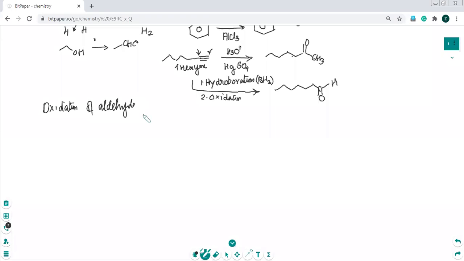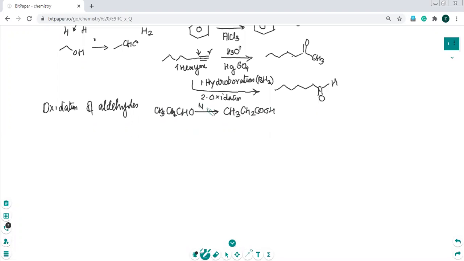CH3CH2CHO will give you on oxidation a carboxylic acid, COOH. Here you can use sodium dichromate.